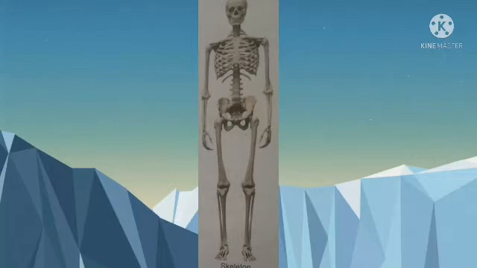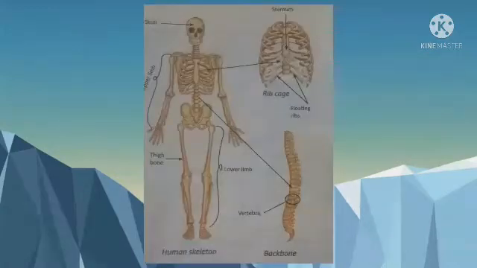There are 206 bones in an adult human skeleton. Children, can you name the parts of the human skeleton? Yes, skull, backbone, rib cage, limbs and girdles.